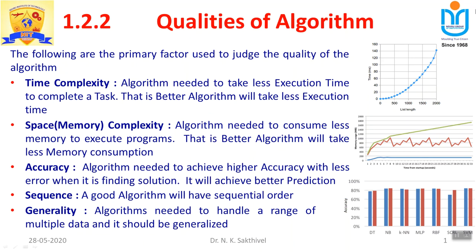The first one is time complexity. Time complexity means that when you implement the algorithm, during execution it should take less execution time. That's very important, because it should not consume more CPU cycles. If you consume more CPU cycles, the CPU efficiency will be wasted.